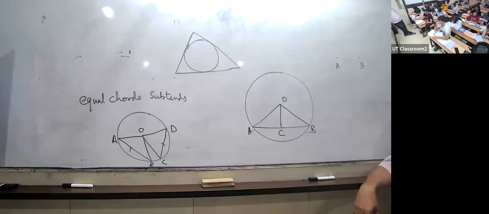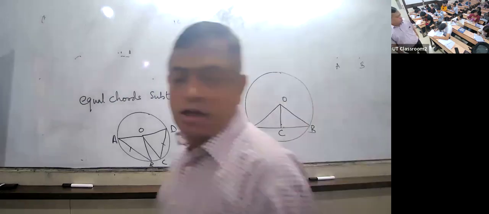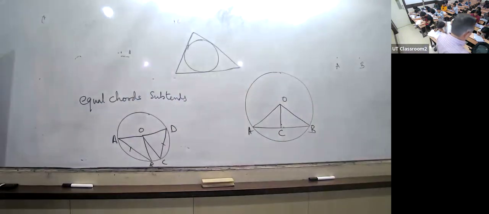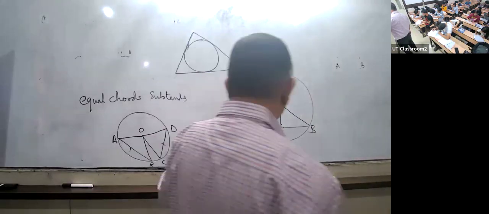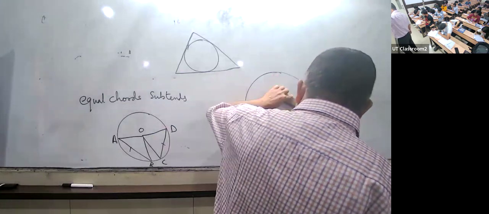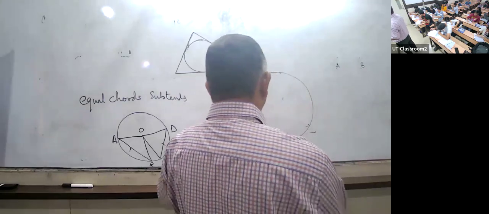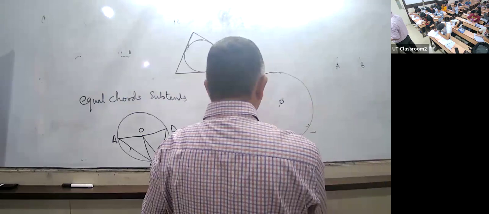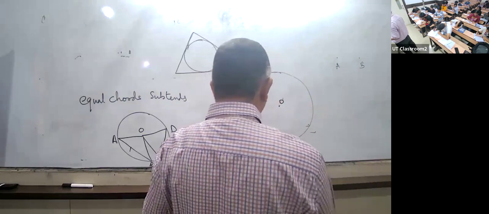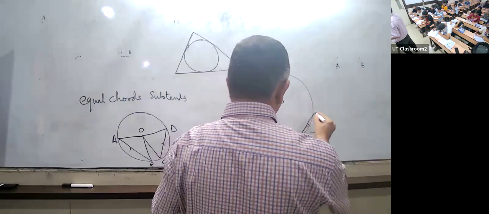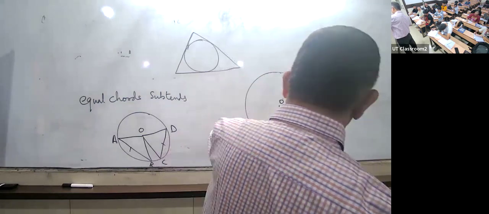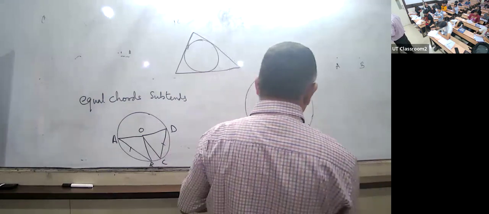Then write theorem 7. If 2 chords are equidistant from the center, then the chords are equal.